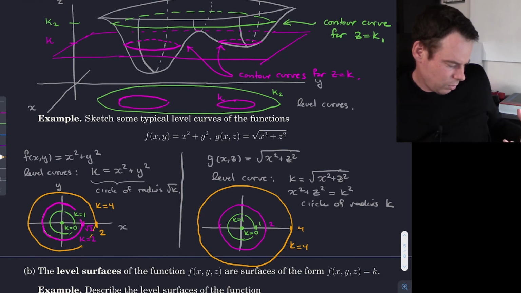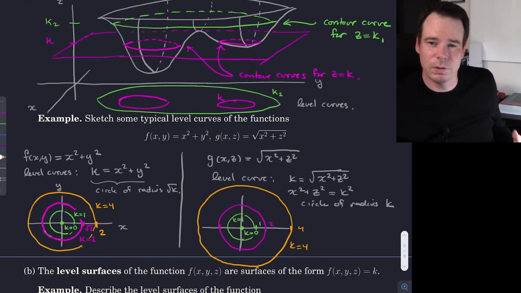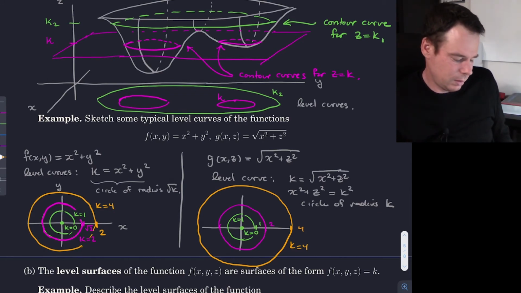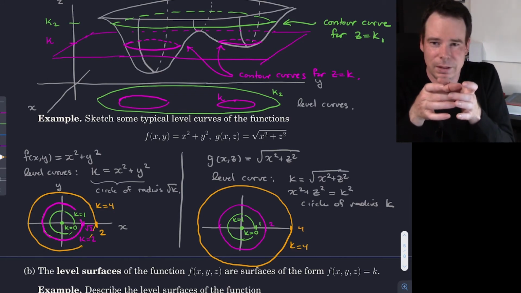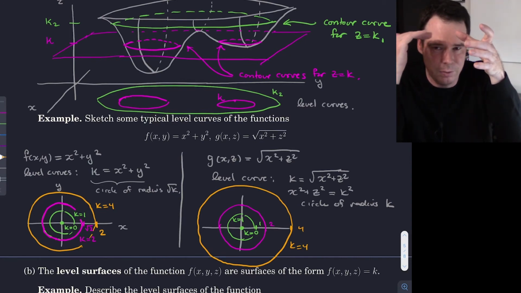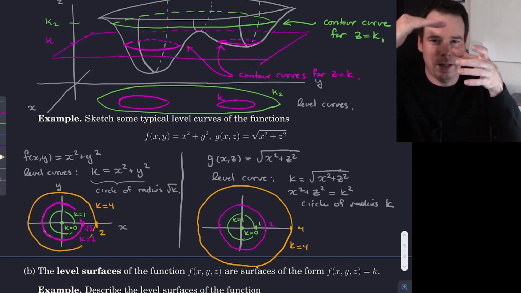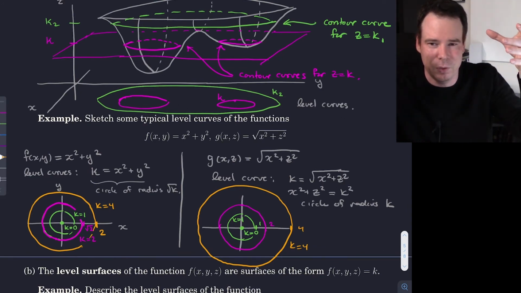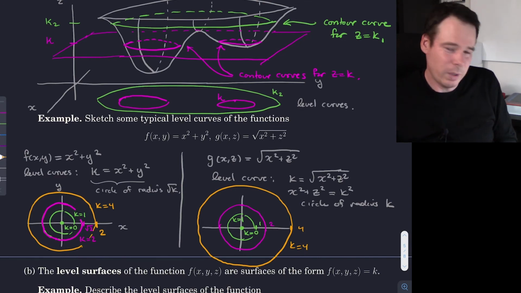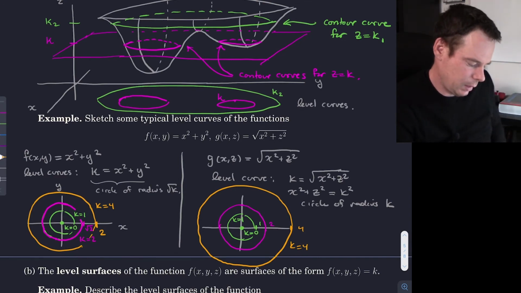If I compare these two sketches and think about what they tell me about the surface itself, the one on the left is a little bit more narrow as you go up, because at height 4, for example, the circle has radius 2. Whereas on the other one, at height 4, your circle has radius 4. So the one on the right is much wider. It opens much wider as you go up the z-axis.